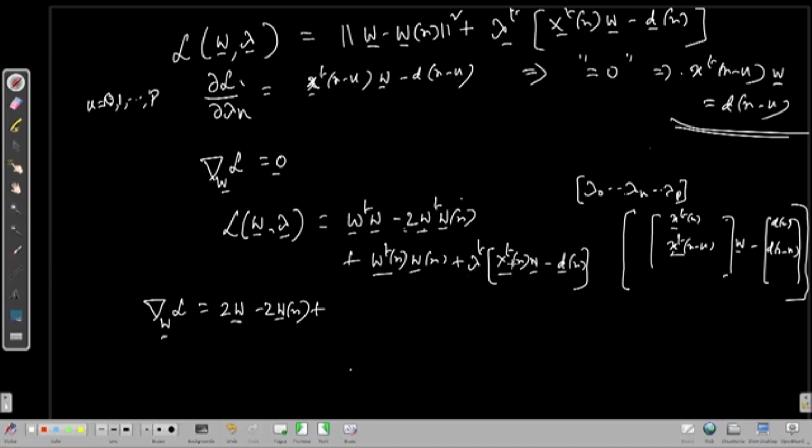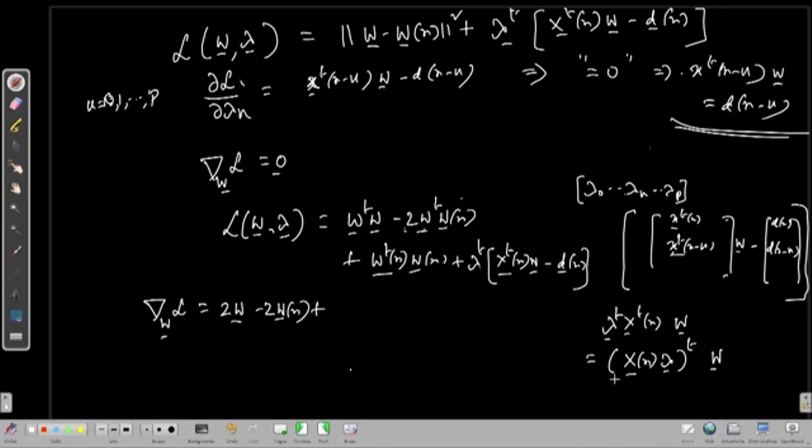Here we have lambda transpose x transpose w minus lambda transpose d n. Lambda transpose d n has no w, so that will go away because of differentiation. Lambda transpose x transpose n w is nothing but x n lambda transpose w, because from basic matrix theory, for any matrices, A into B transpose is B transpose A transpose.